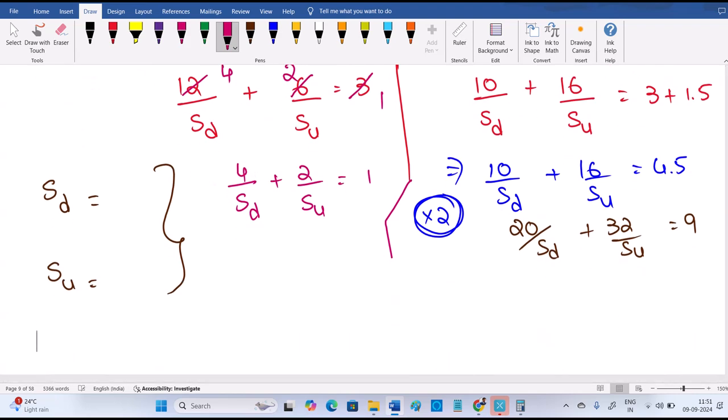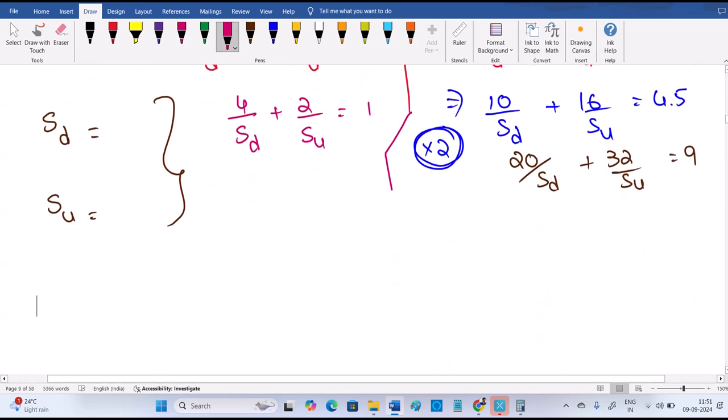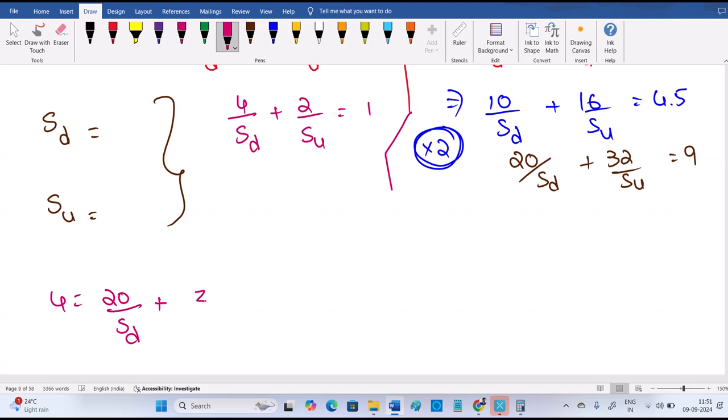So the question is, 20 kilometer downstream plus Z kilometer upstream is already equal to 4. You have to calculate the Z value. First thing we need to find is SD and SU, or 1 by SD and 1 by SU. Better I can give you the idea to solve this type of questions.